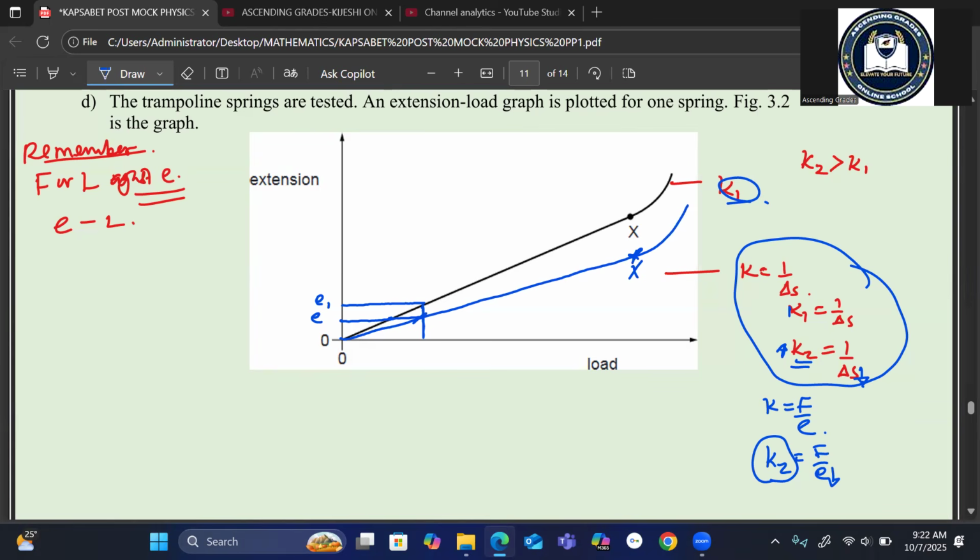And you can call this one our X2. So that one becomes our graph. So I can say our E2 is less than our E1, our K2 will be greater than K1. And we've closed the business of the same.